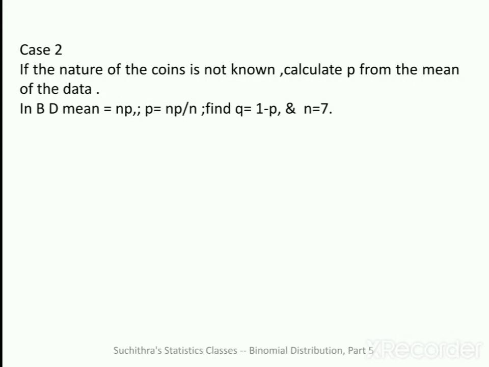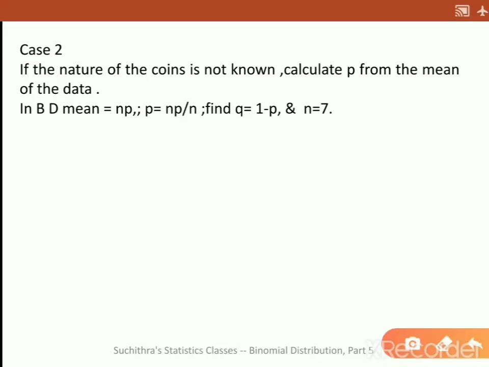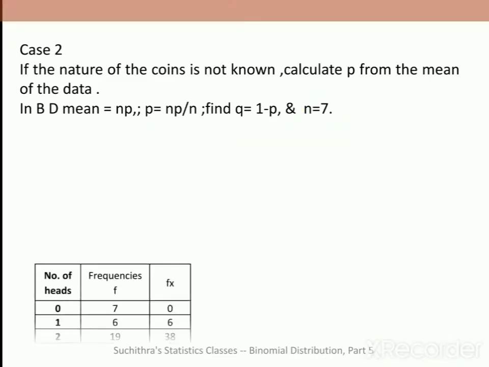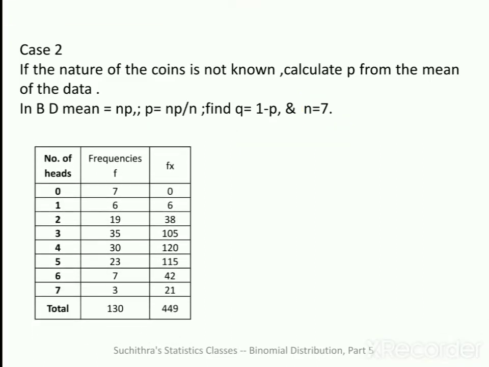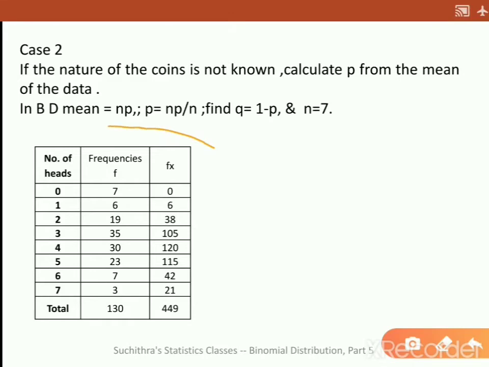If the nature of the coin is not known, we have to calculate p from the mean of the data. Mean is np, therefore p is np by n and q is 1 minus p, and we know that n is 7. This table gives the value of summation of f of x.